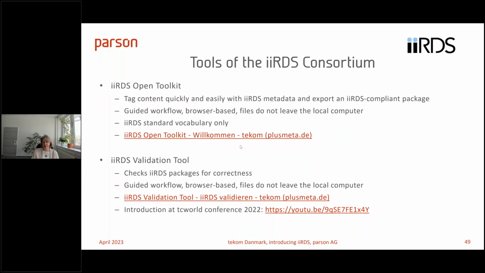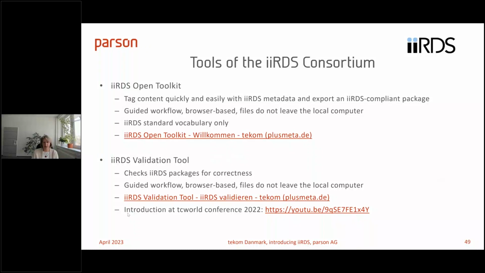There are some tools that are provided by the iiRDS Consortium itself, because we think that the adoption of the standard is supported if you have free tools that actually support you in generating iiRDS packages or checking whether your packages are correct, just playing around with the format and seeing how it works out for you.